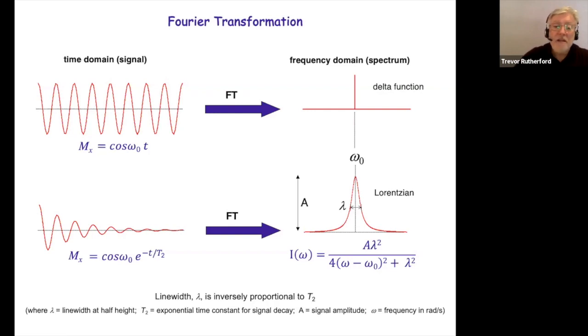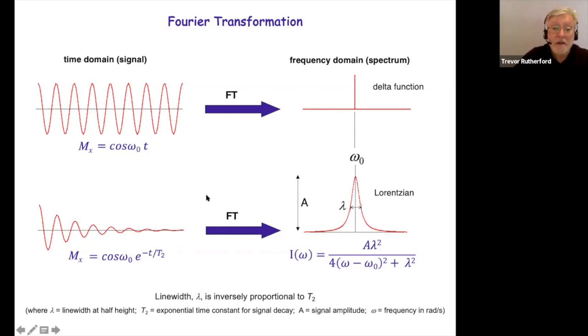We should say that this line width is inversely proportional to the time constant for the exponential decay. So as the signal decays quicker, the line width goes up. And this is one of the reasons why NMR has a molecular weight dependence, why we start to get degradation of signal as we go to higher molecular weight.